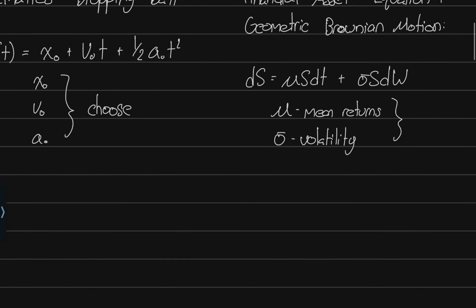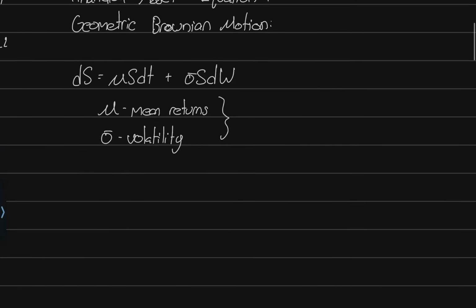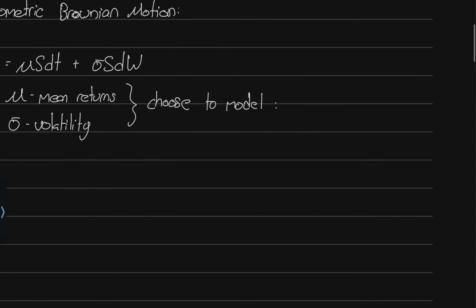And in the same way we can choose x naught, v naught, and a naught for our kinematic equation, we can choose these to model any financial asset that we so desire. We can model S1, S2, S3, all the way up to Sn.